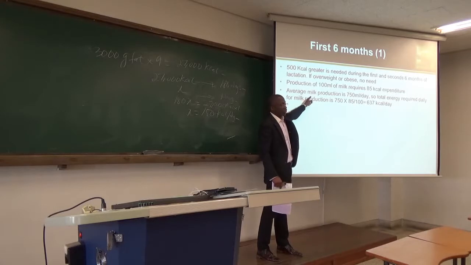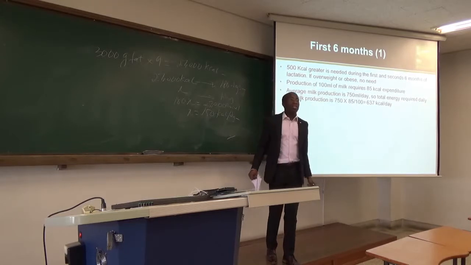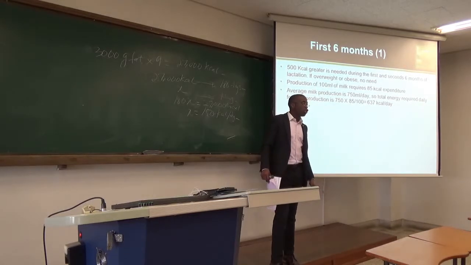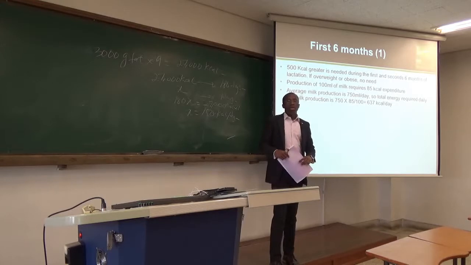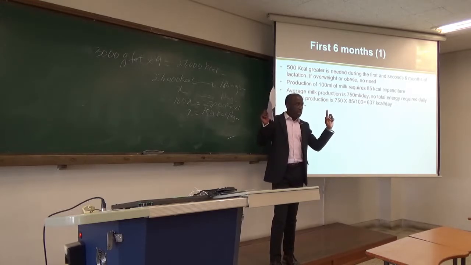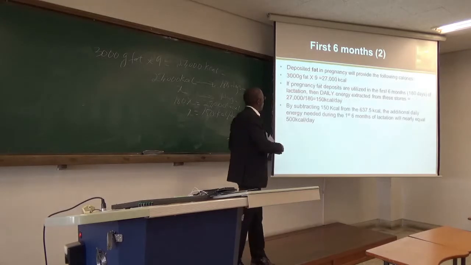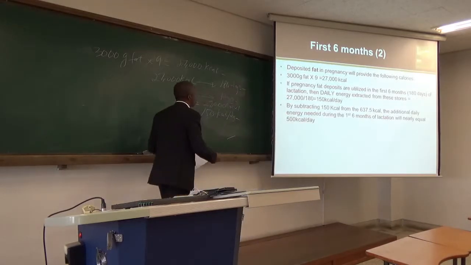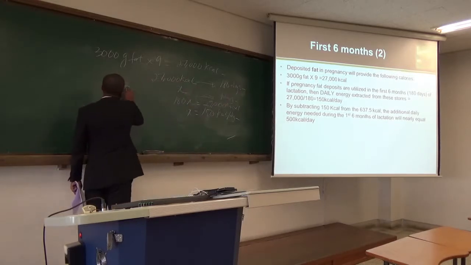Average milk production. Average milk production for 1 day, how much energy is required? How much energy do we need? Around 637. All right? Everybody's happy? Okay. So then if we keep going, okay, we have the reserve, so I do 637 minus what?